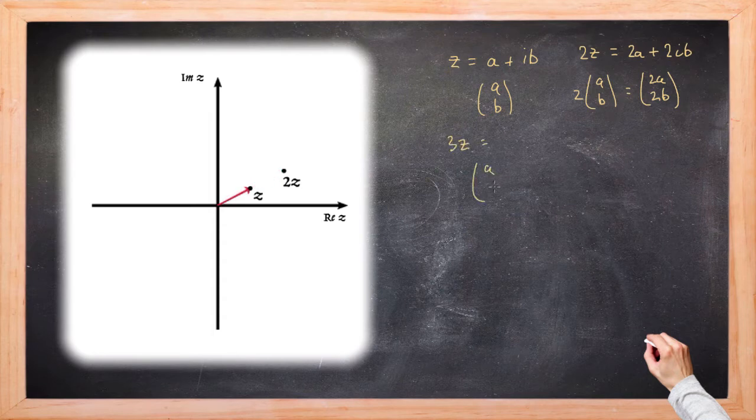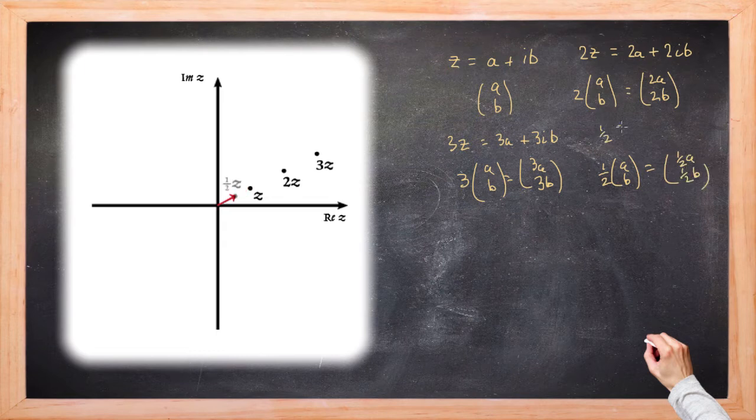Look at the corresponding vector, 3 times that. Components 3a and 3b, so the real and imaginary parts of this complex number would be 3a and 3b. We could even scale it down by a scale factor of 1/2. The vector shrinks, and the corresponding complex number would have real and imaginary parts of 1/2 a and 1/2 b.